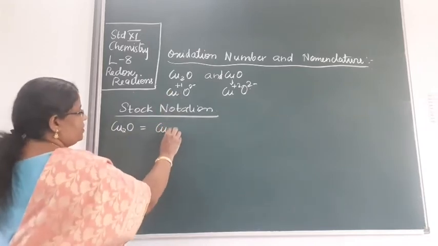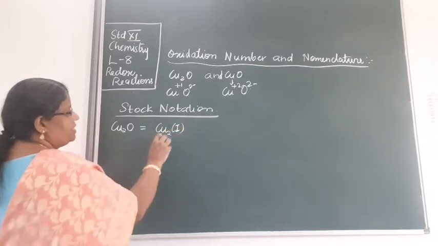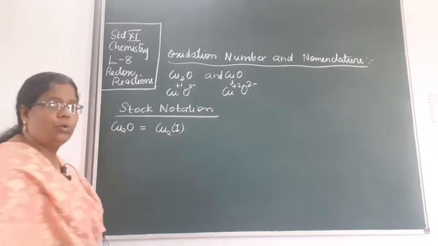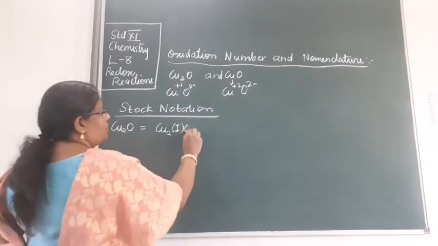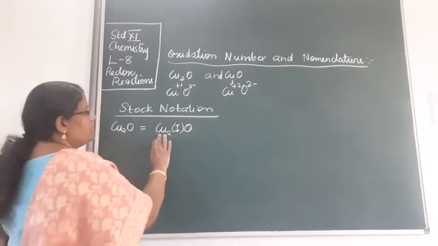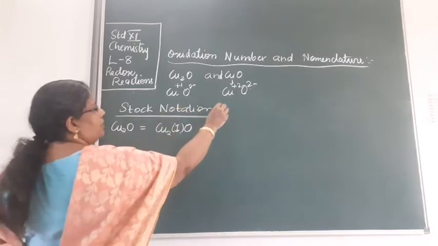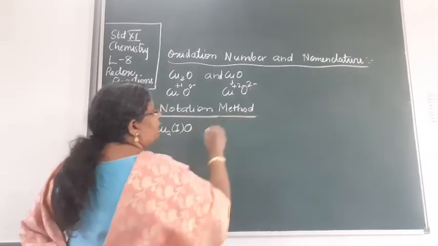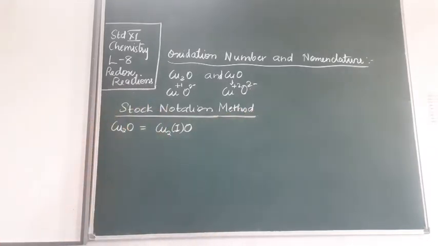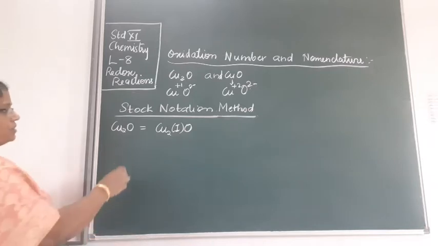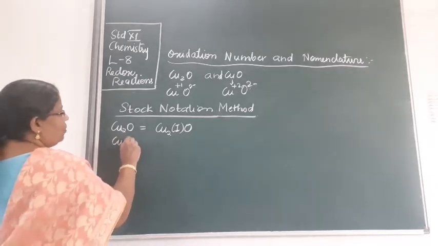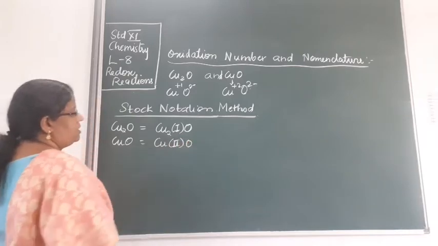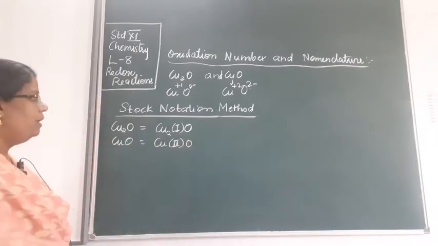It is 1. So it will be Cu2 (I) O. We write that +1 oxidation state using the Roman numeral, okay. इस तरह लिखते हैं. This is the stock notation method, okay, for giving a name to this kind of oxide, okay. Other is CuO. So कैसे लिखेंगे? Copper (II) oxide, Cu with +2 oxidation state, oxygen, okay.